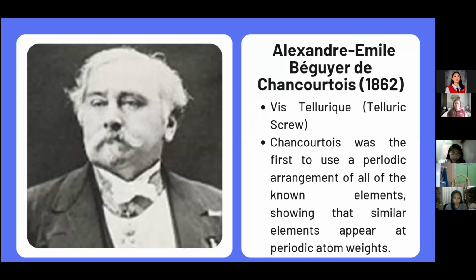So telluric screw plotted the atomic weights of the elements on the outside of the cylinder. So sa pag-arrange ng classification niya dun sa elements, he used this telluric screw, which made him the first to use the periodic arrangement of all elements, showing that similar elements appear at periodic atomic weights.